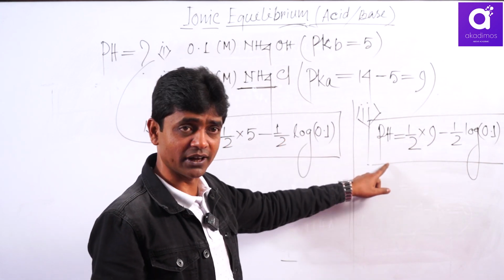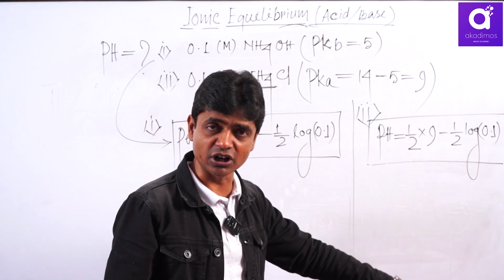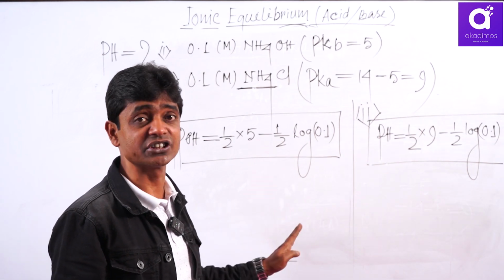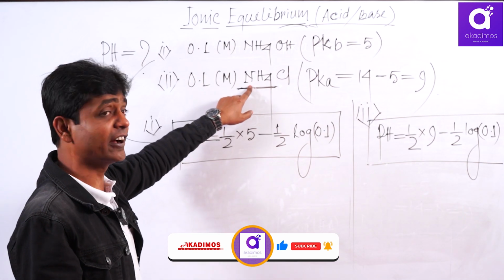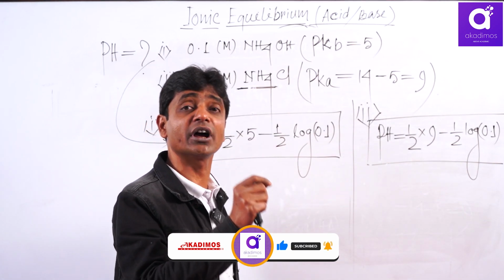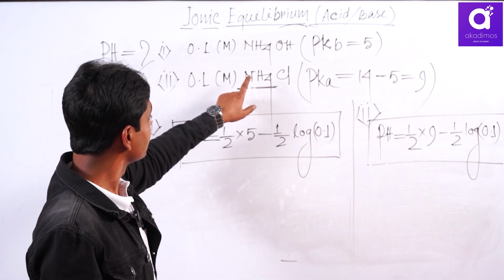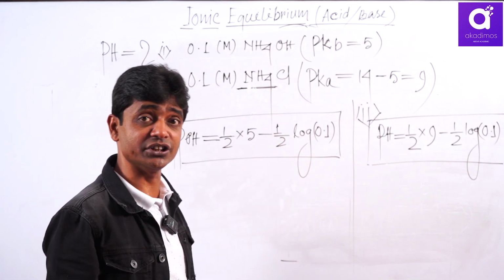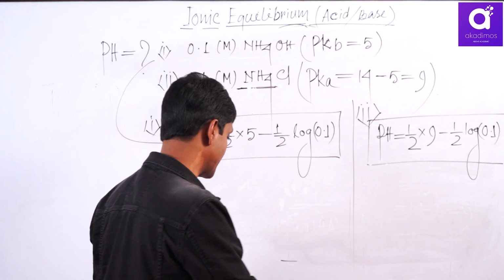Alpha, for the weak acid or weak base in a salt, is h, the degree of hydrolysis, and Ka is Kh, the hydrolysis constant. For ammonium chloride, the Ka of ammonium is the Kh of ammonium chloride, and the alpha of the ammonium ion is the degree of hydrolysis of ammonium chloride. They are the same thing.